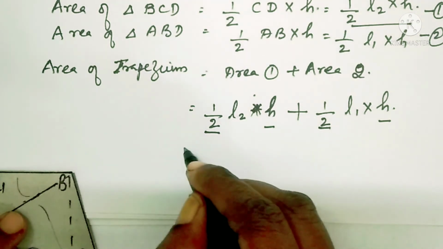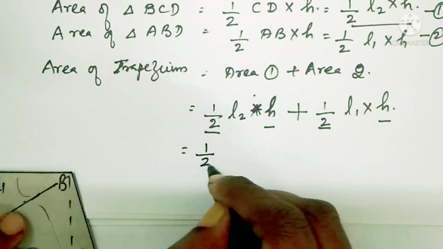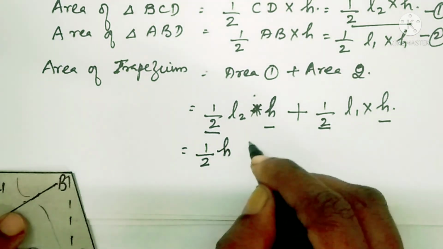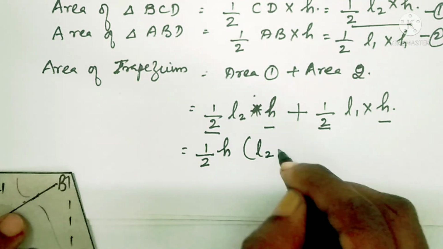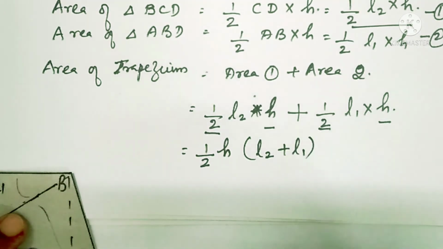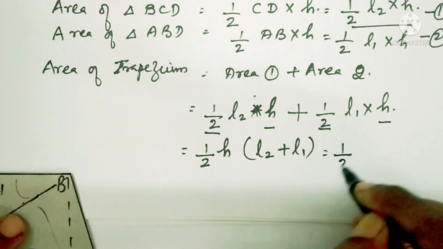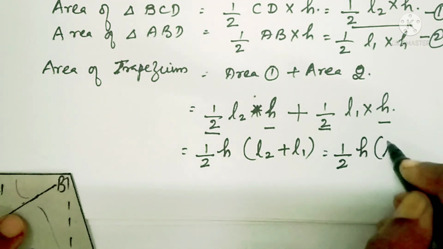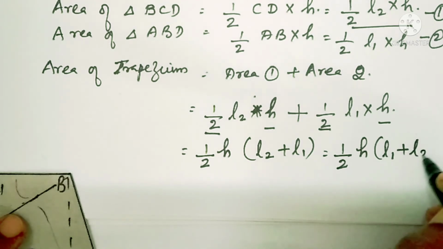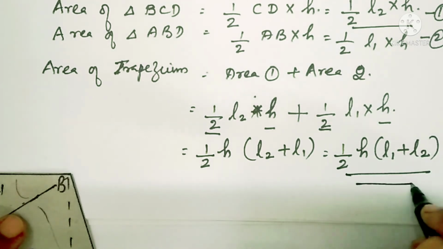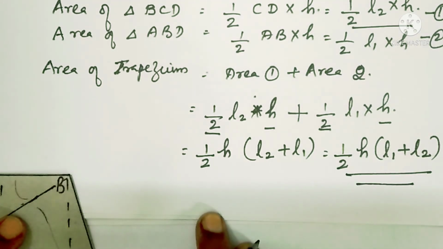So, take the common factor out. So, half into H. What is there inside? L2 plus L1. Just for style, we will write half H into L1 plus L2, just to have an order. So, this is the area of trapezium.